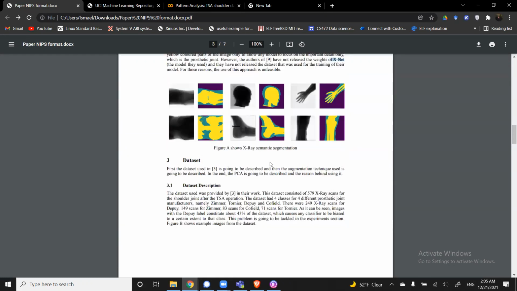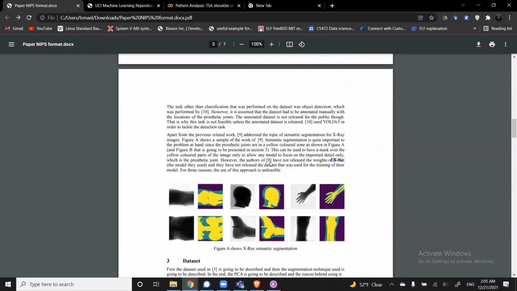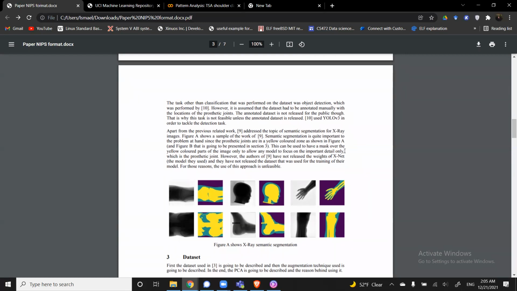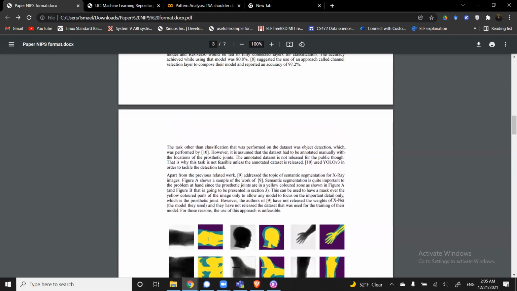We're only interested in the prosthetic joint itself, which is mostly contained in the yellow area and the mask of the semantic segmentation. So it would be really helpful to use this mask. However, the person who published this paper and used XNet didn't publish the weights, and he also did not publish the dataset that was used for the training. So this method is not feasible going forward.